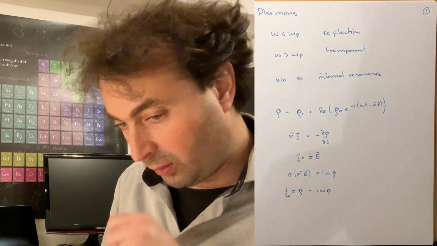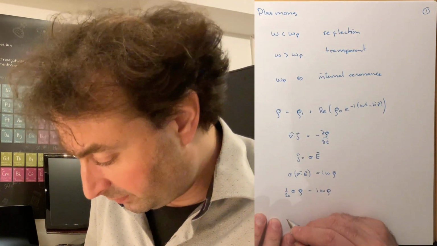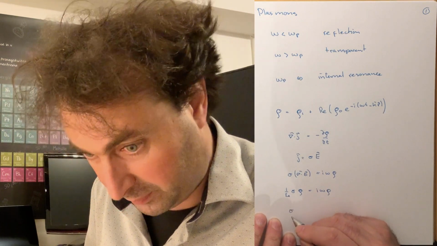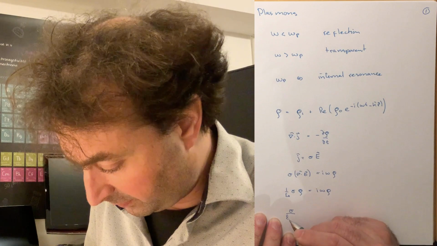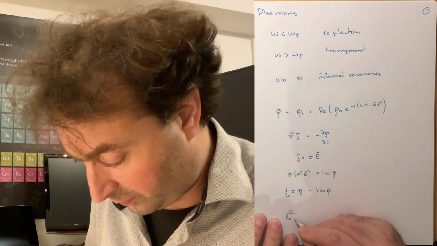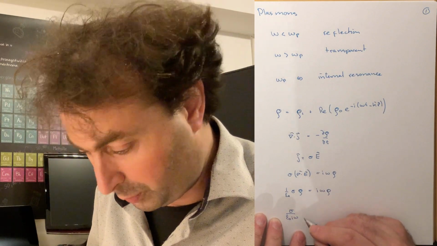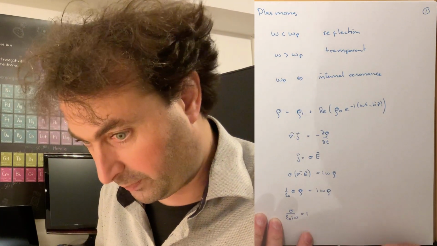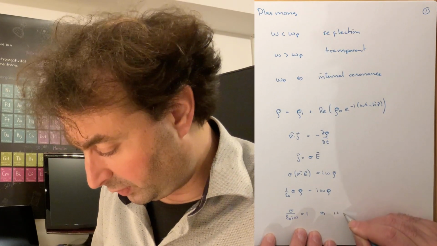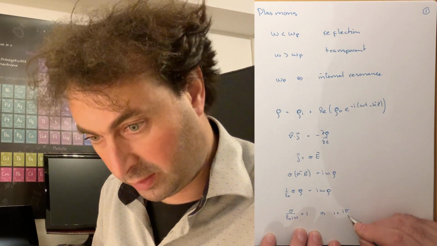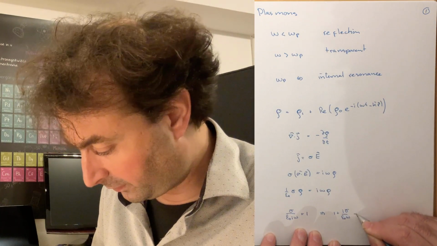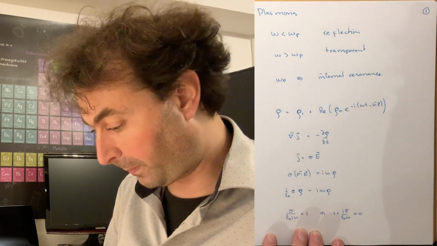This equation has a solution if sigma divided by epsilon 0 i omega is equal to 1, or when 1 plus i sigma divided by epsilon 0 omega is equal to 0.